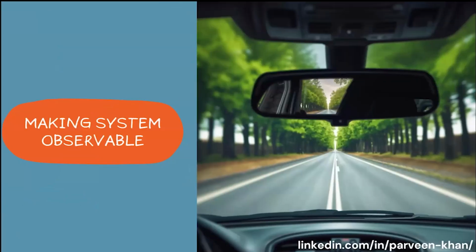So now that we know what observability is, the next question is, how do we make systems observable? How can we implement observability? The system needs to explain what's happening inside, right? And the answer to that is by having some data.